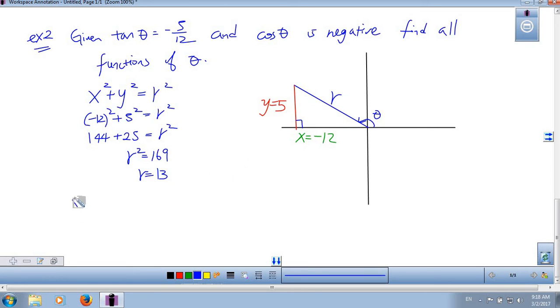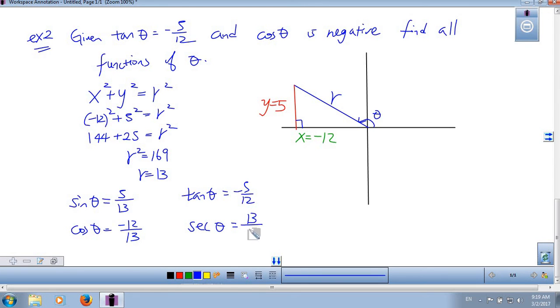Alright, then we can go ahead and find sine of theta. Sine of theta is y over r, so it's 5/13. Cosine of theta is x over r, so it's negative 12 divided by 13. And tangent of theta, we already know, it's given to us, negative 5/12. Okay. Secant of theta is the reciprocal of cosine, or r over x, so 13 divided by negative 12.